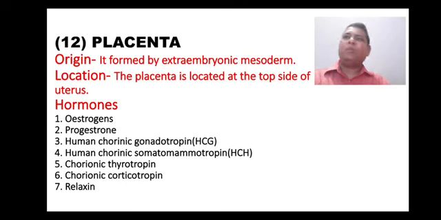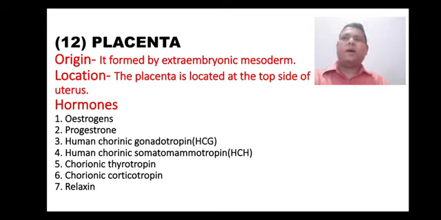It provides for the exchange of nutrients and waste between mother and developing fetus. Origins: the placenta is formed by the extra-embryonic mesoderm. Location: the placenta is located at the top side of the uterus.